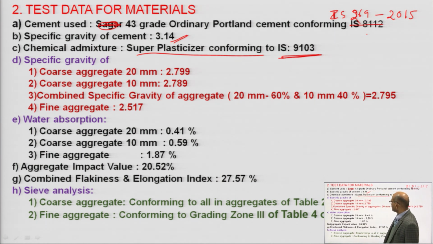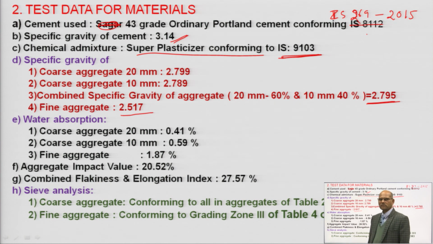The specific gravity of coarse aggregate 20 mm is 2.799, coarse aggregate 10 mm downside is 2.789, and combined specific gravity of aggregate, say 60% is 20 mm and 40% is 10 mm, is 2.795. Then we have fine aggregate. Fine aggregate specific gravity is 2.517.